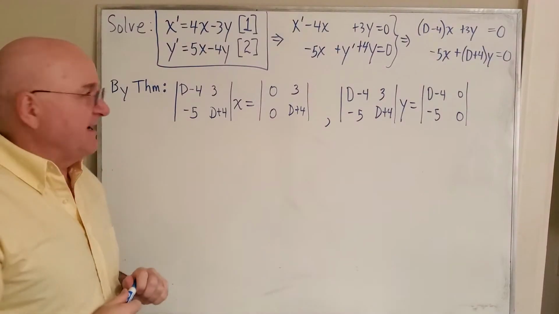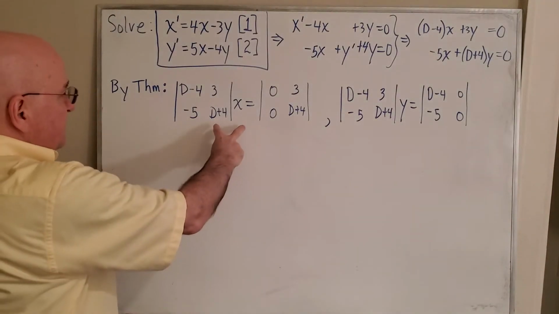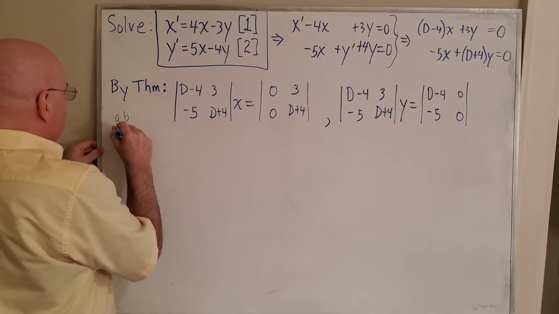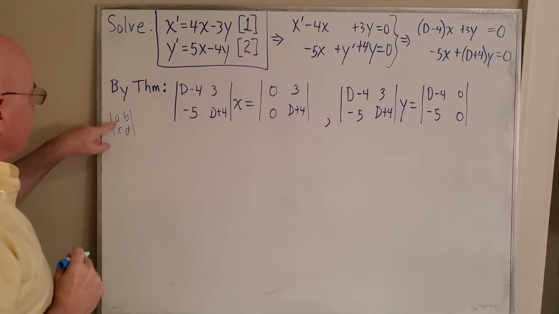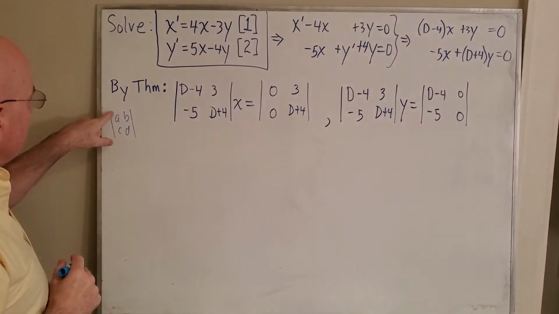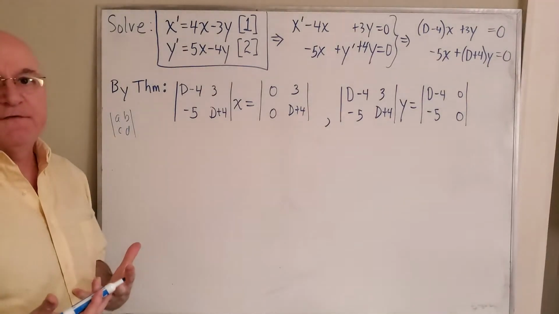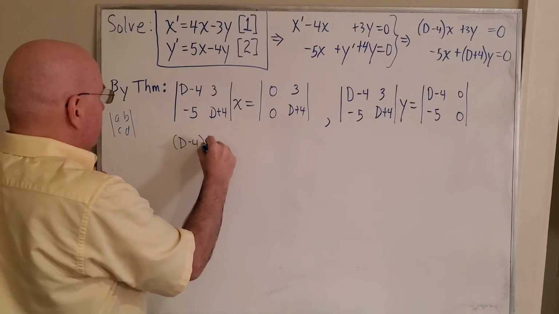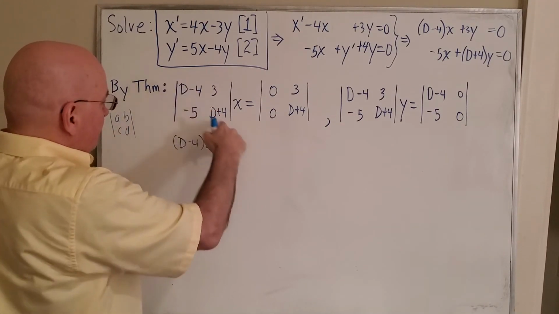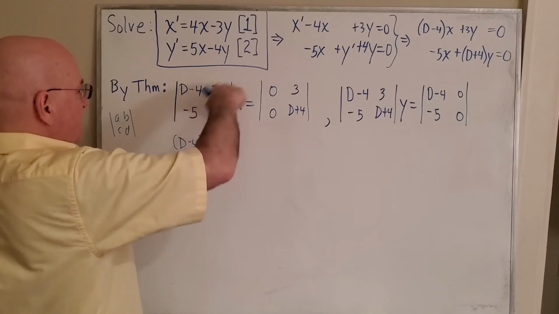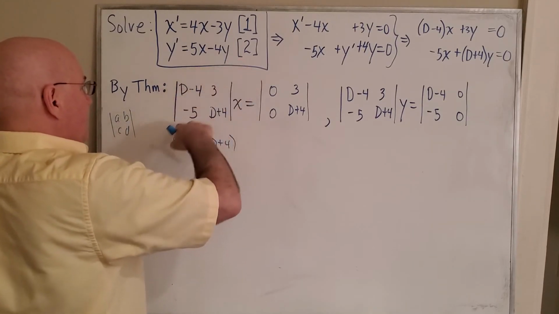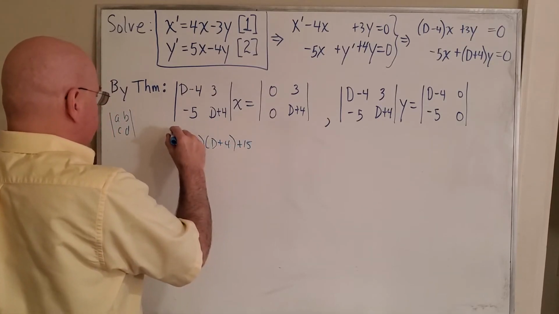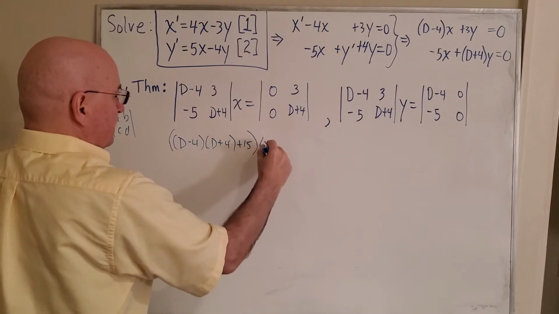Now we've got to do some solving. Okay, so let's do this one first. Remember, when you have a determinant with a 2 by 2, you simply go AD minus BC to get the determinant. So for us, it will be D minus 4, D plus 4, multiply those together, subtract this product, which would be minus a negative 15, which would be plus 15, applied to x.